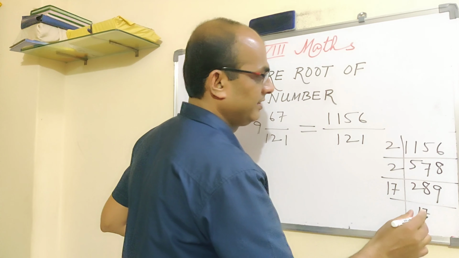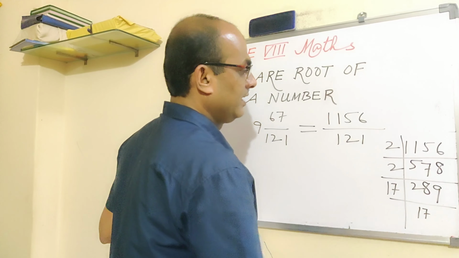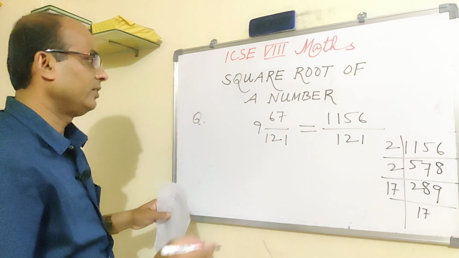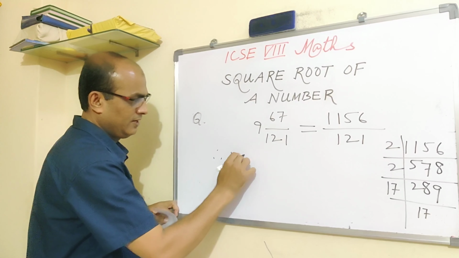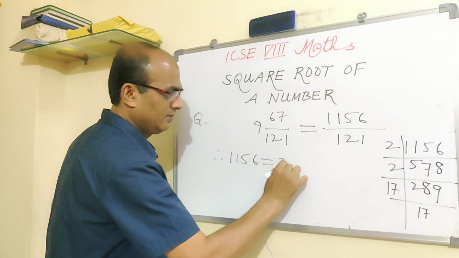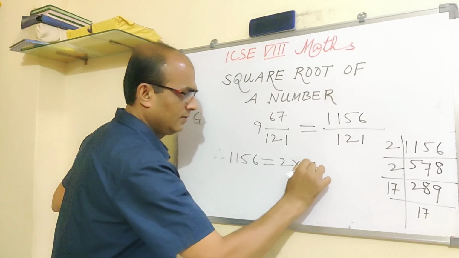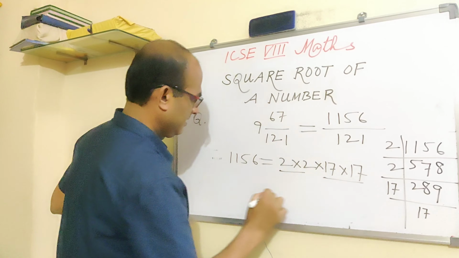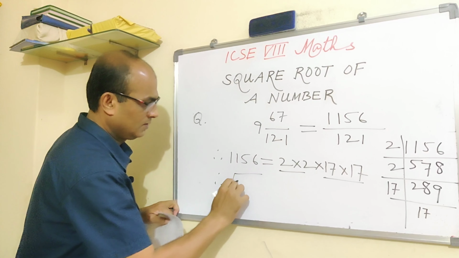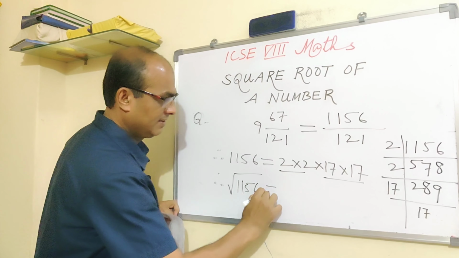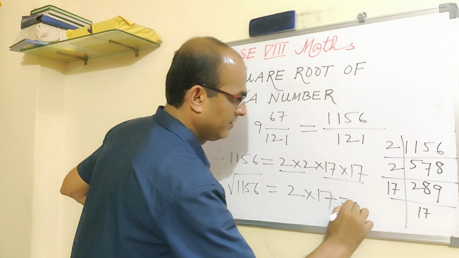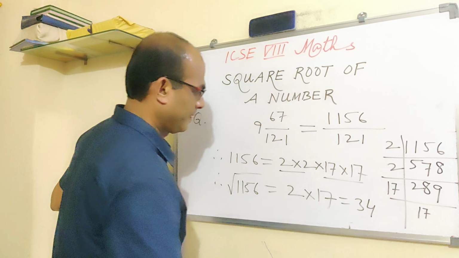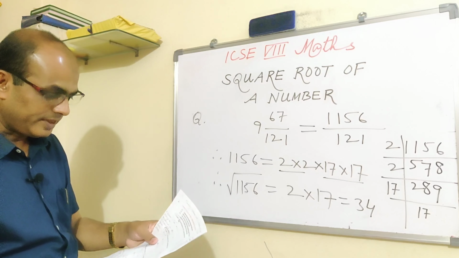If you remember, 17 17s are... What do you say? 17 17s are. So you are getting, therefore 1156 is equal to 2 into 2 into 17 into 17. Make pairs. Therefore root 1156 is equal to 2 into 17. Alright, and that gives you 34. So you got 34.